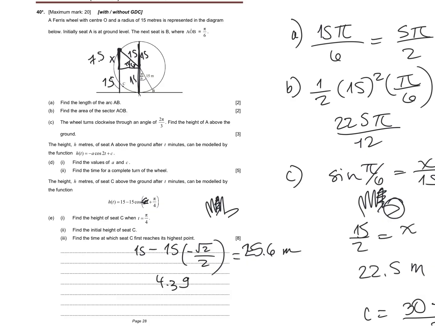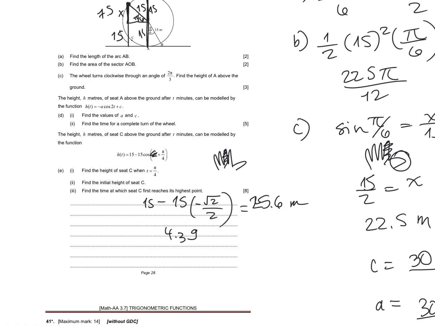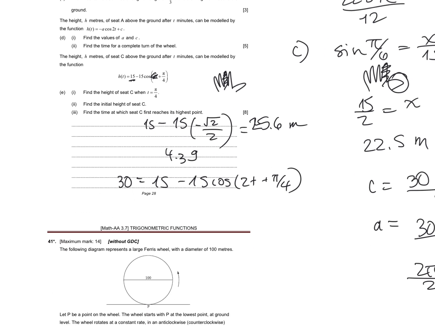Find the time at which C first reaches its highest point. So the highest point is going to be 30 because you've got the principal axis and you go up 15 and down 15. So we want to know when it's 30. Okay, so subtract 15, that's 15, divide by negative 15, that's negative 1.